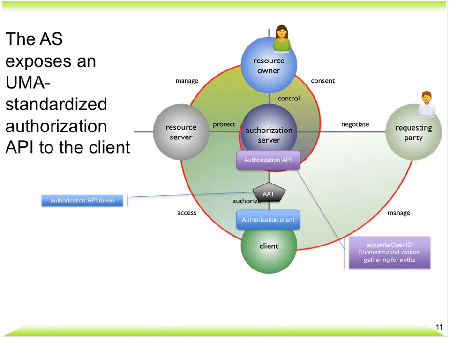We have a number of interesting flows for gathering claims with the help of the client so that we understand the client and requesting party better in order to assess suitability for access.